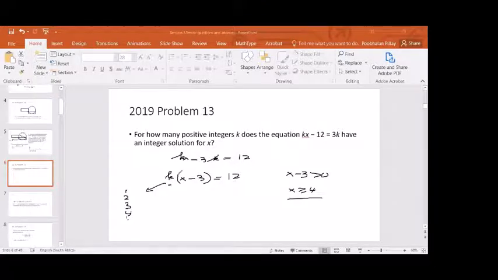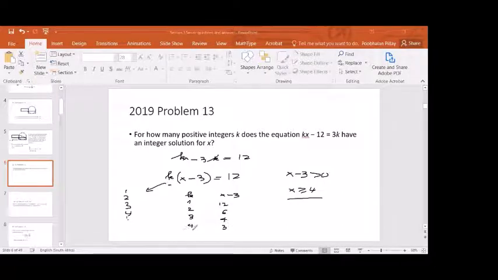So you got a product of two numbers equal to 12. Now you can actually write down what these numbers are, right? K and x minus 3. The product is equal to 12, so you can start with k is positive, so this is 1, and this has to be 12. K is 2, it has to be 6. K equals 3, 4. See, k is a factor, so you got k is 4, you have 3.